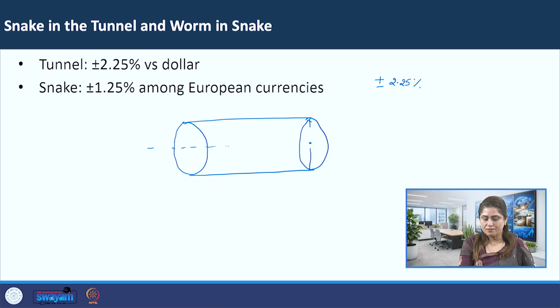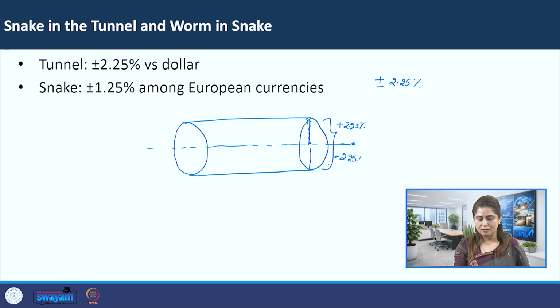Which means that vis-a-vis the dollar, the currency could move plus 2.25%, and from here if we consider it 0, minus 2.25%, creating a whole band of 4.5%.